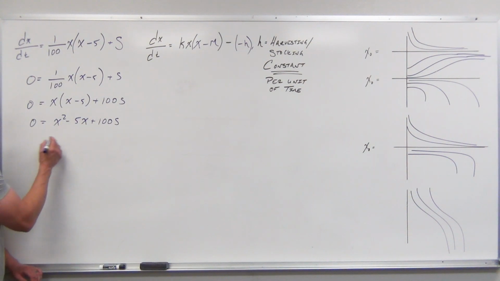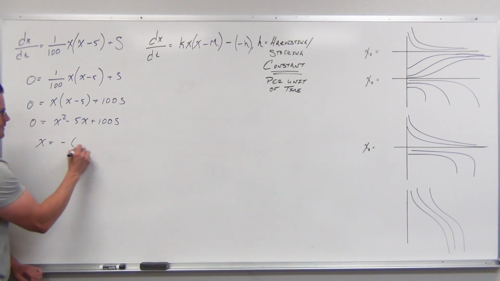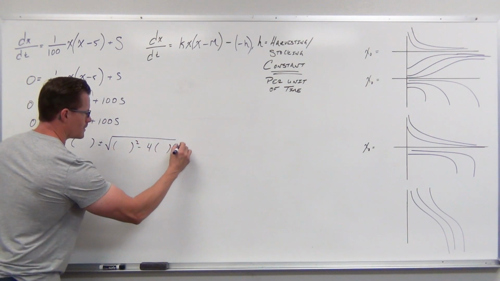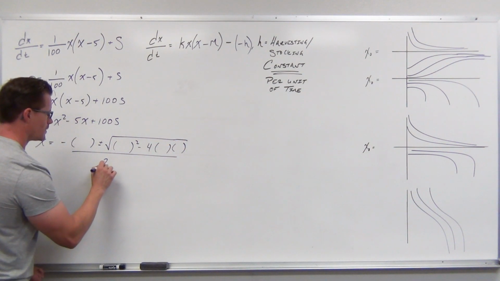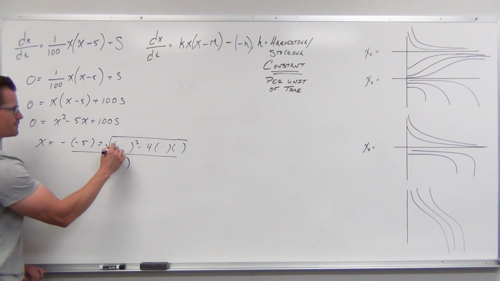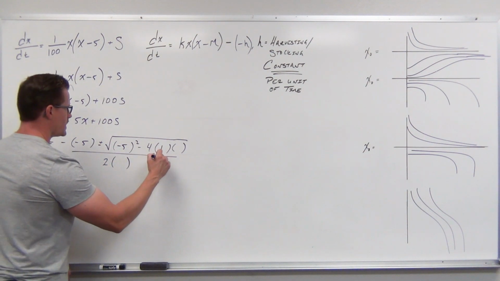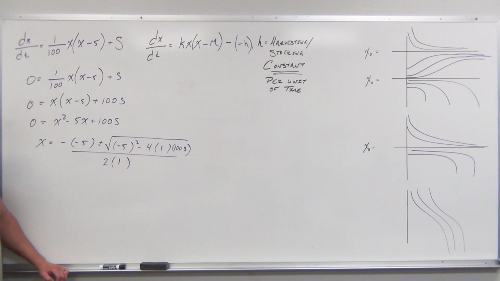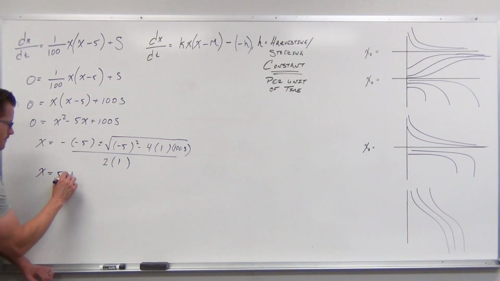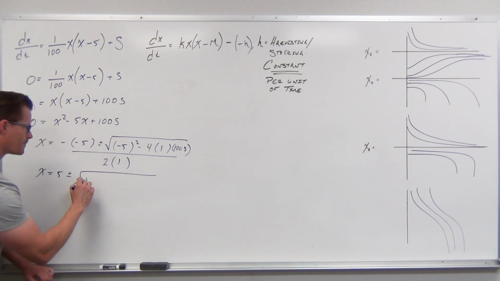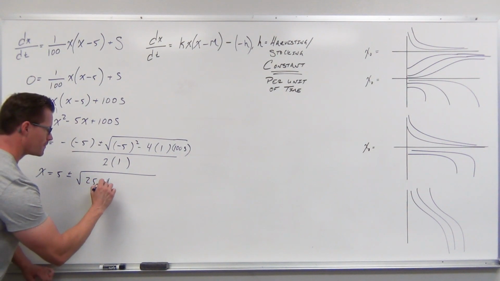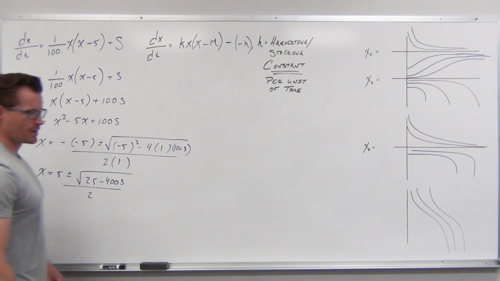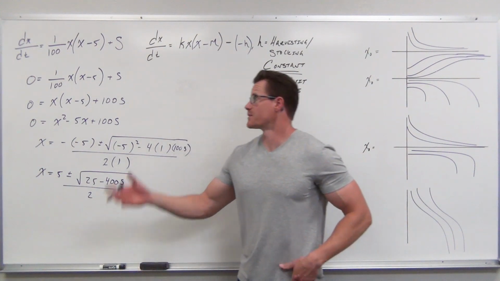And when we use the quadratic formula: -b, that's -(-5), squared, minus 4 times a times c, over 2 times a, and simplified, that's what your critical points are going to be for this differential equation.